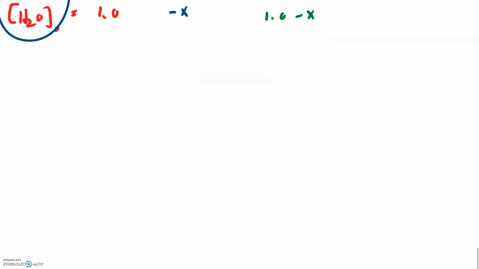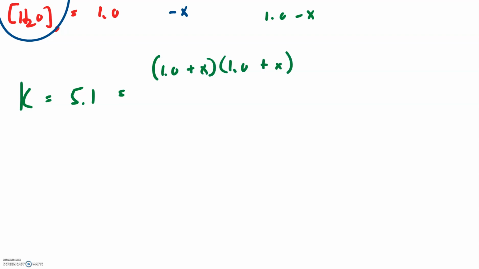So we can easily solve for this because we know K is equal to 5.1. And let's write the equilibrium expression. We already have that up there. So we're going to put our products on the top. They're all going to increase by x. We'll put our reactants on the bottom.